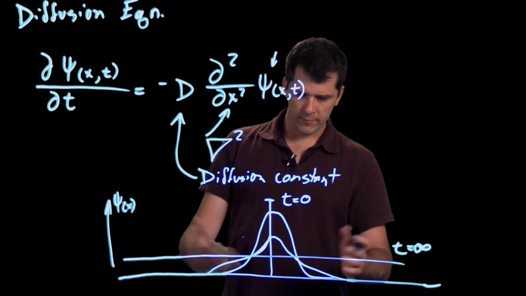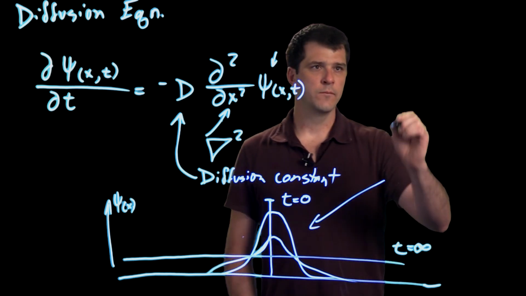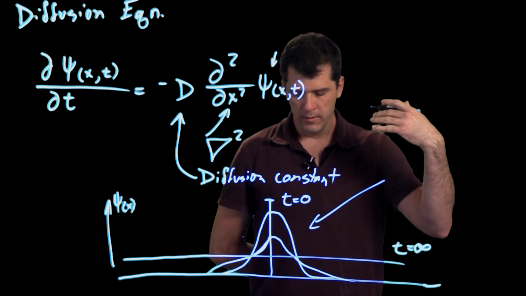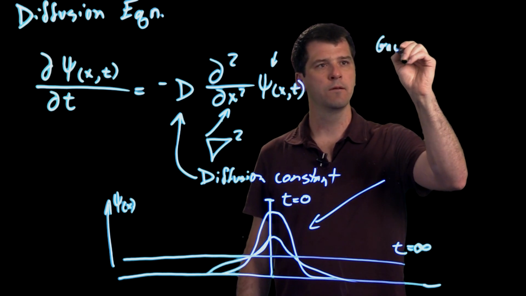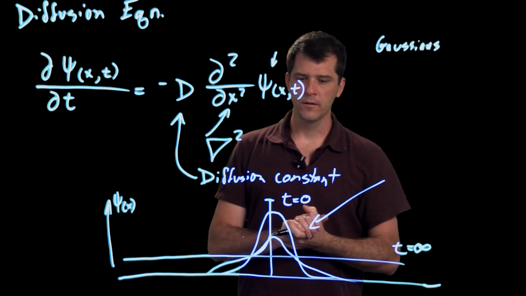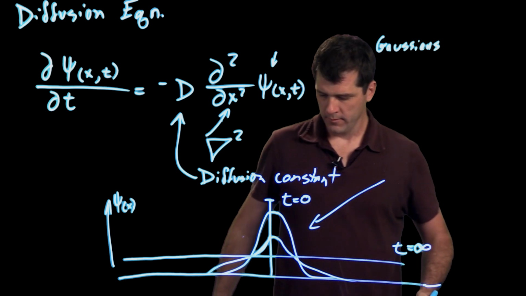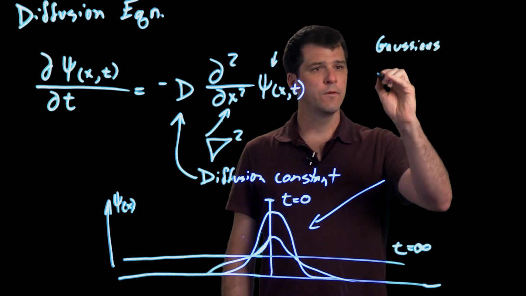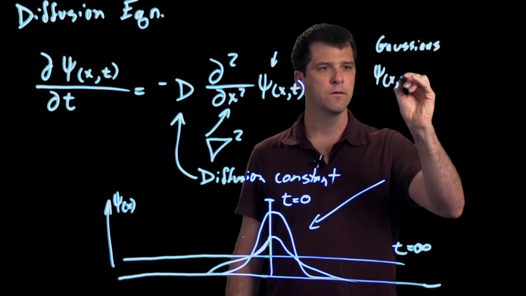So pardon my drawing here, but these shapes can be described as the normal distribution or Gaussian function. So this is the Green's function for the diffusion equation in a homogeneous area. So we can write the solution out like this.